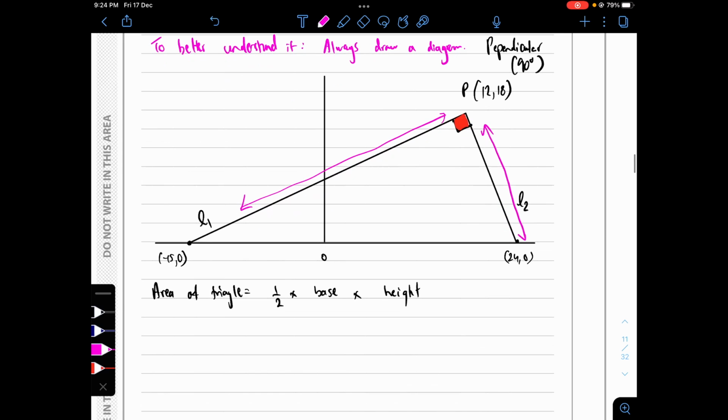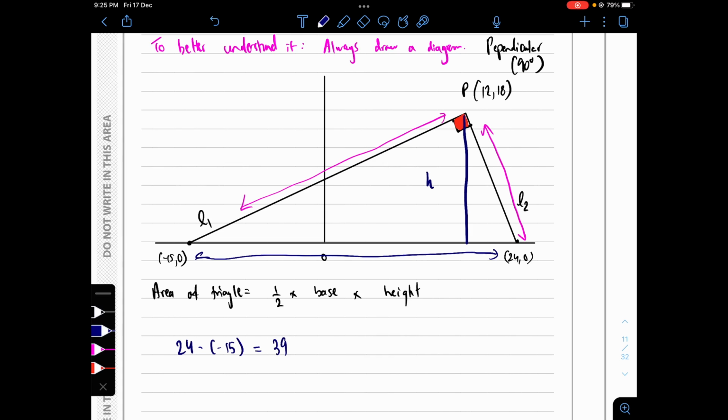Or the easier route, we know the distance from here to here and the height, which is here to here. So let's call this the height. So the base is 24 plus 15. That'll be 49, right? Sorry, 39, not 49. 39.